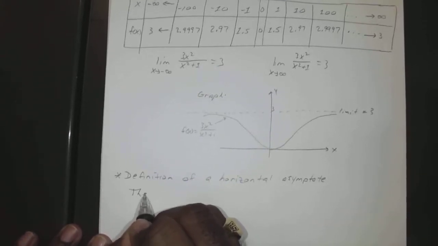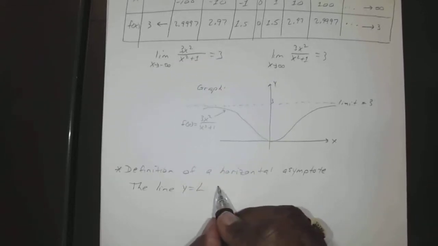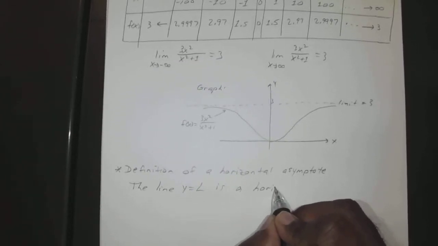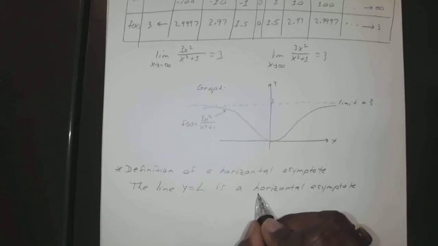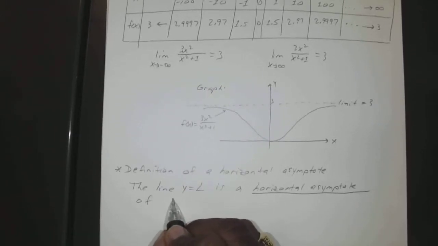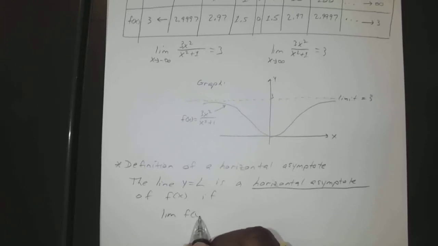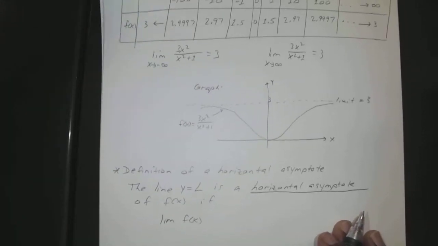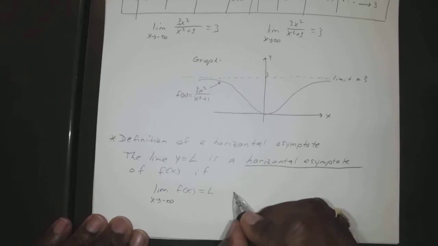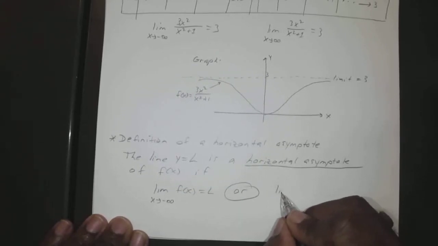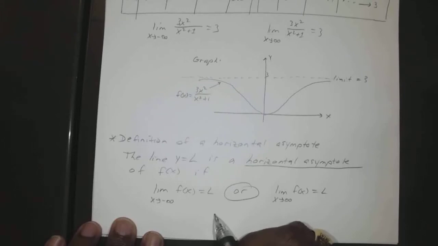The line y equals whatever your limit is, is a horizontal asymptote of f of x if the limit of f of x as x approaches negative infinity equals L, or the limit of f of x as x approaches infinity equals L. And again, it doesn't have to be both.